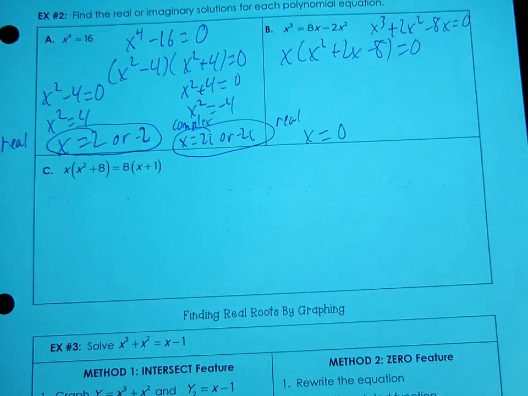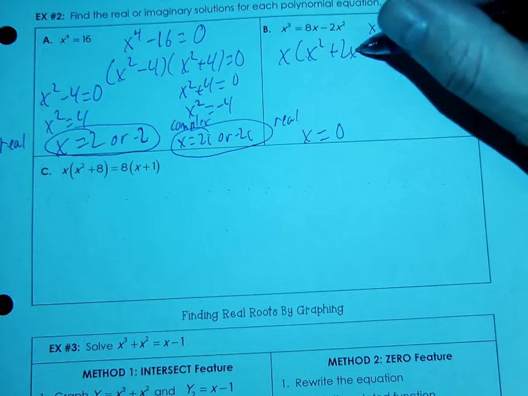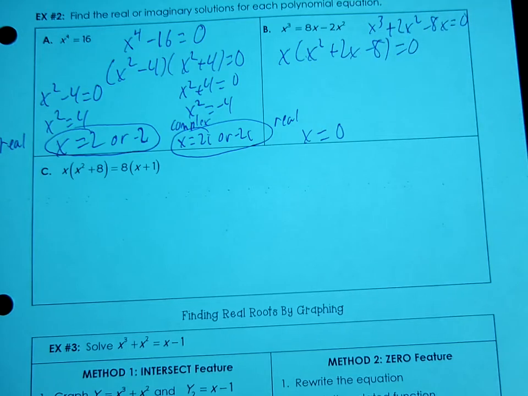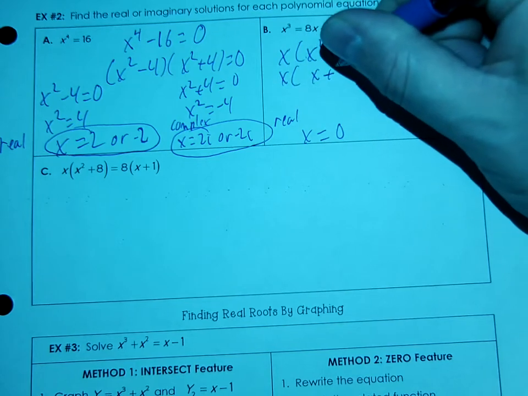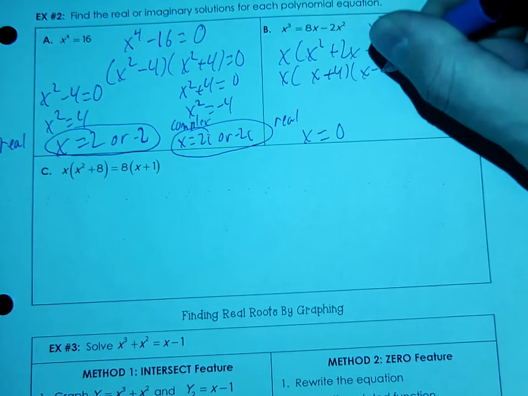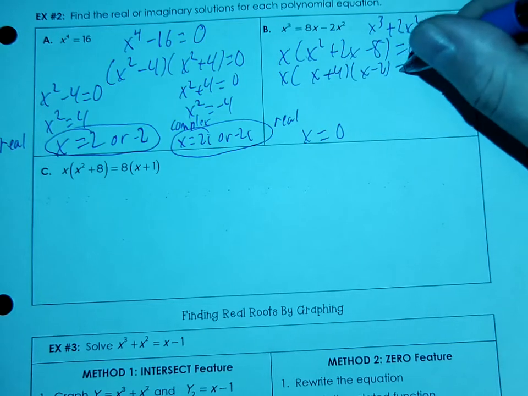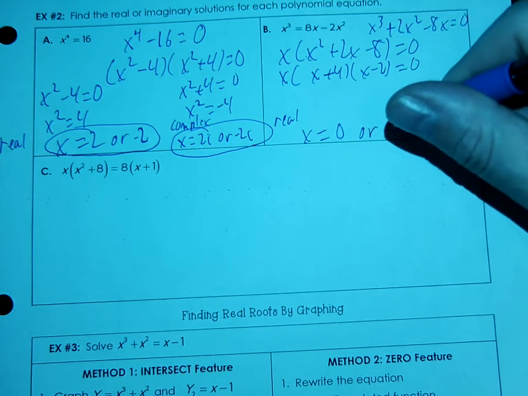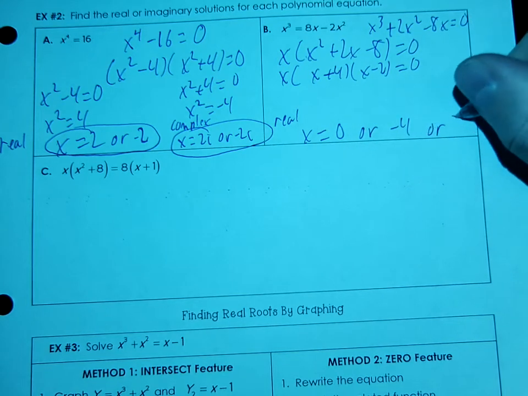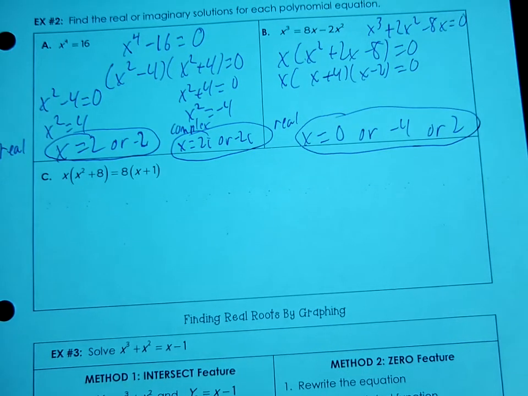Then the other ones I'm going to get by trying to factor this. So for an 8 to make a 2, I'm going to have to use 4 and 2. So I'm going to use x plus 4 and x minus 2. So those are my other two zeros. X plus 4 equals 0 and x minus 2 equals 0. So I would have x equals 0, negative 4, or positive 2. Those are my three, and in this case they're all real solutions.